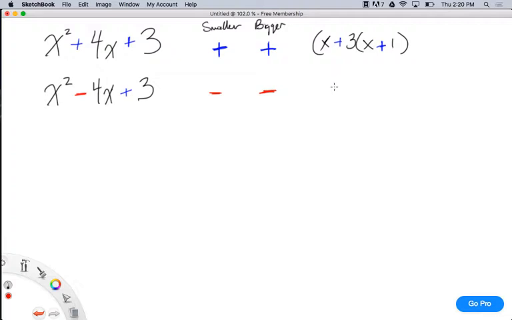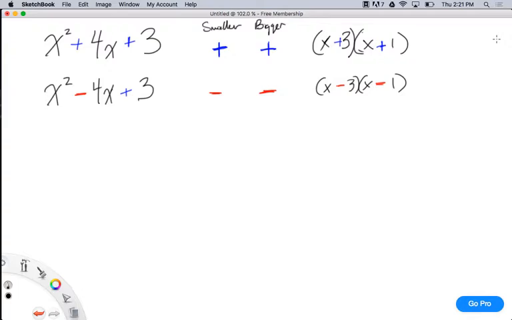Both the smaller and the bigger factor have to be negative. So it's going to be x minus 3 and x minus 1.